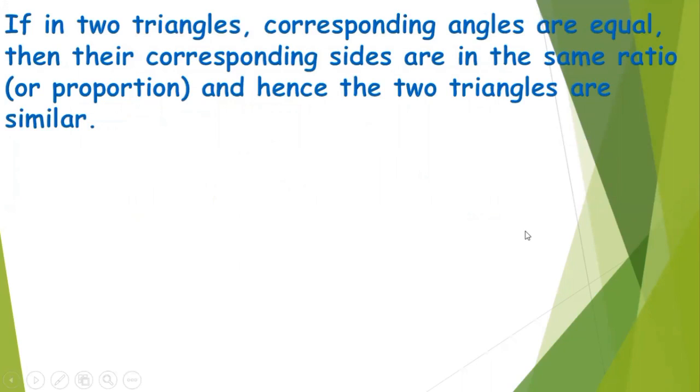See here, if in two triangles corresponding angles are equal, then their corresponding sides are in the same ratio, or their corresponding sides are in proportion, and hence the two triangles are similar.